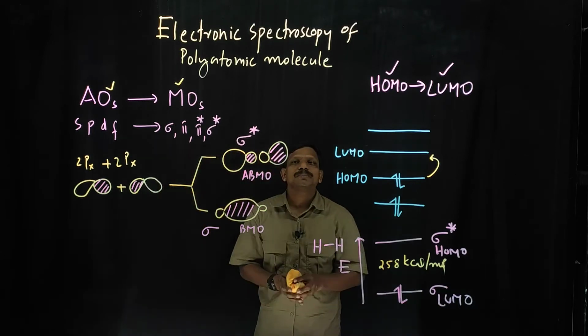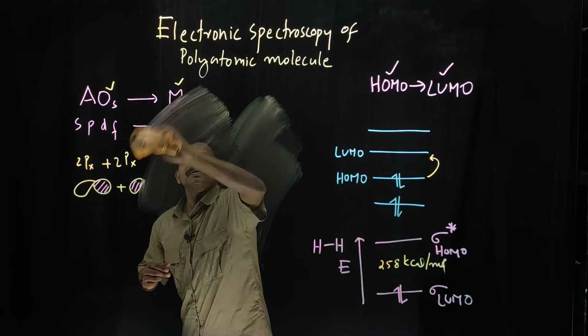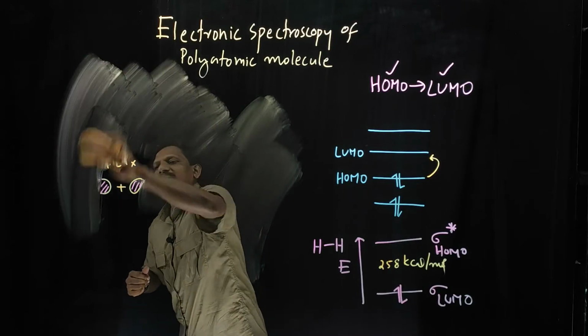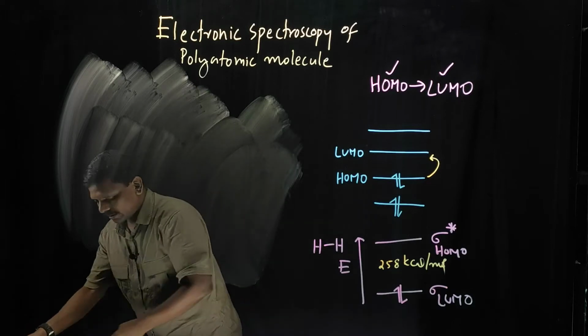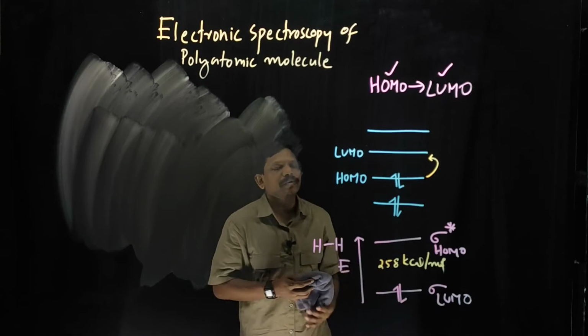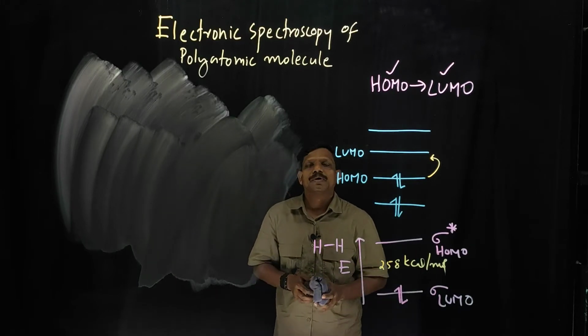Next I will give you some information about the different types of possible electronic transitions in polyatomic molecules. I just showed you one diatomic molecule, hydrogen, and we have to go to higher types of molecules.